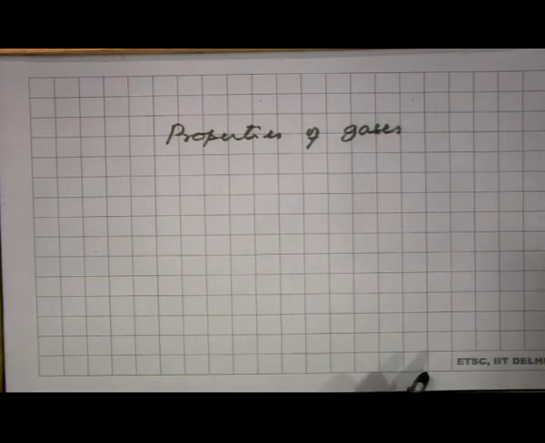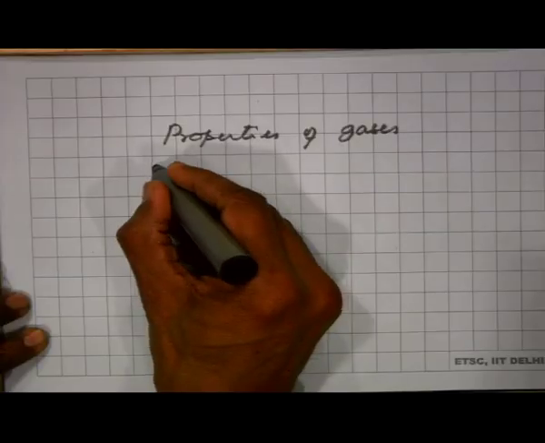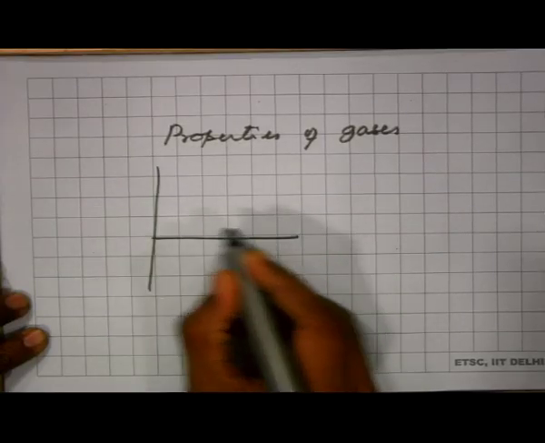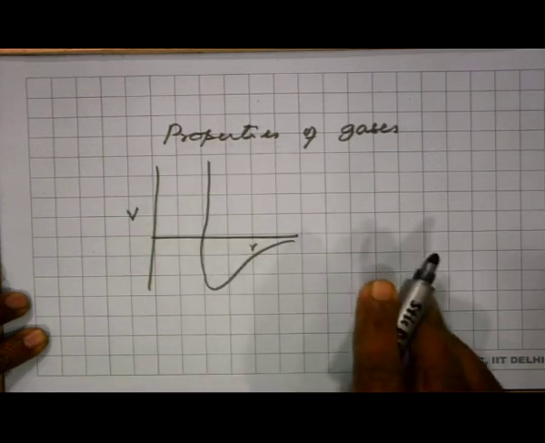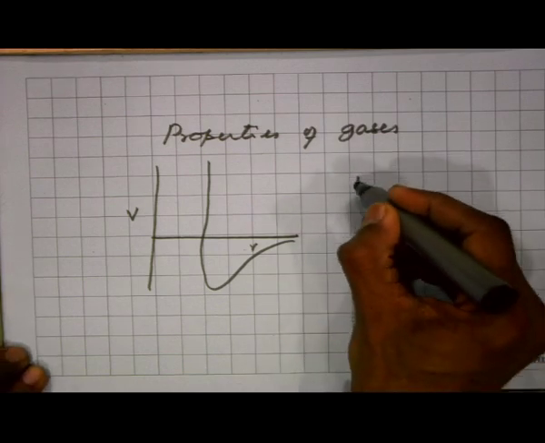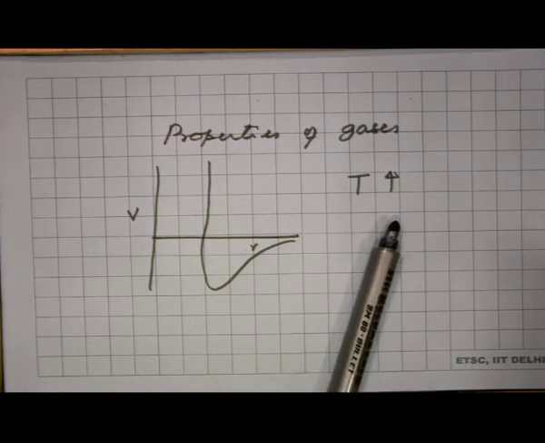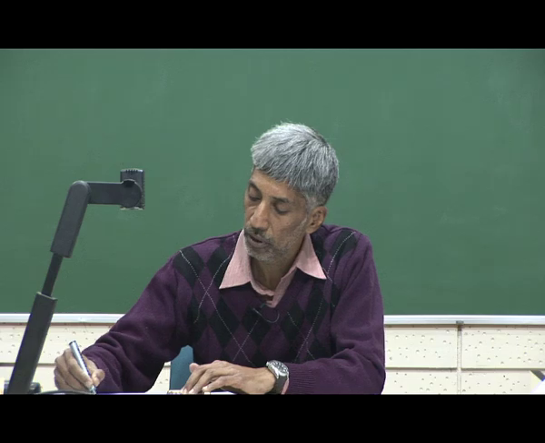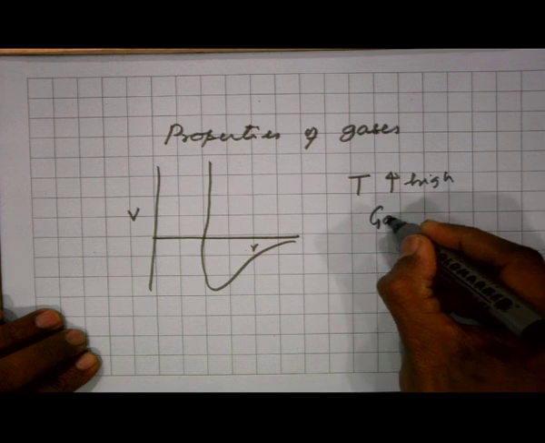So, we already said when we looked at intermolecular forces that if I plotted V as a function of R, we have this, and we say that if the temperature is high, then a substance exists as a gas.